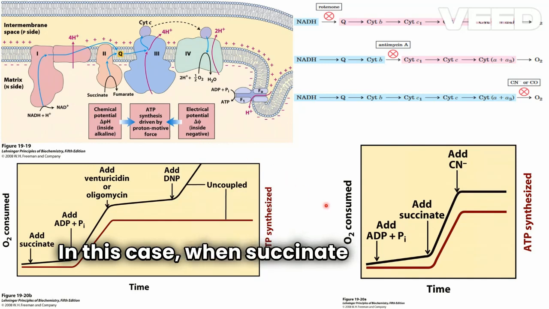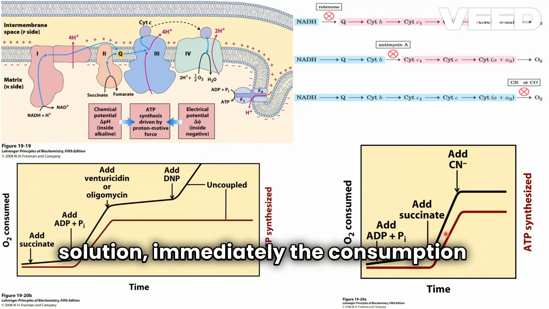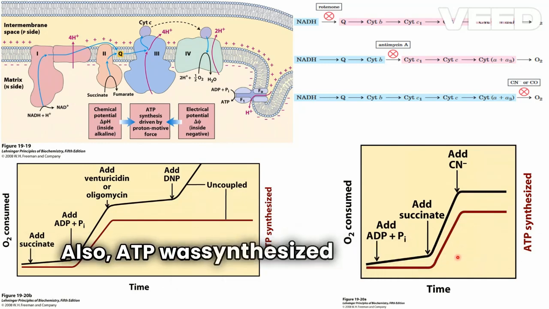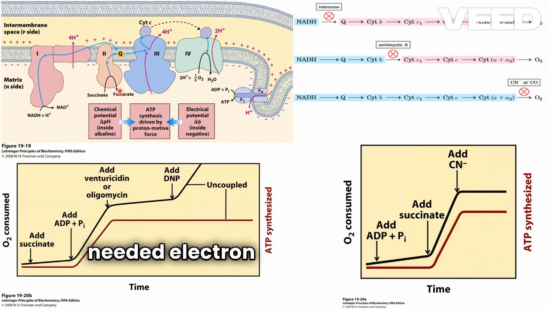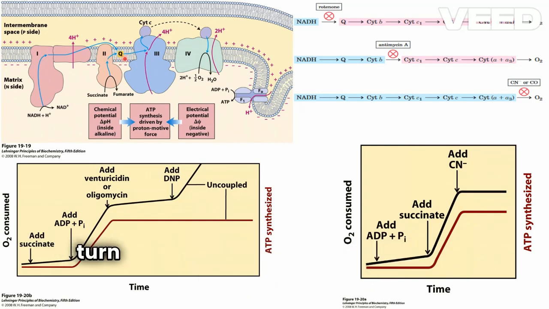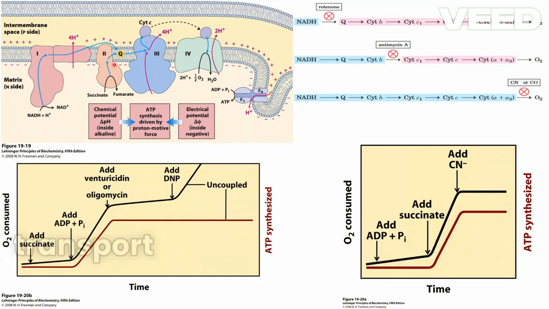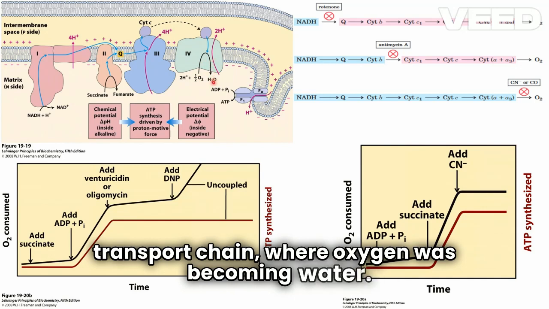When succinate was added to the solution, the consumption of oxygen was seen immediately. Also, ATP was synthesized because much-needed electrons were provided to complex 2, which in turn provided electrons to complex 4 through the electron transport chain, where oxygen was becoming water.